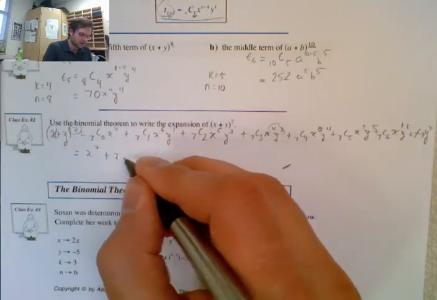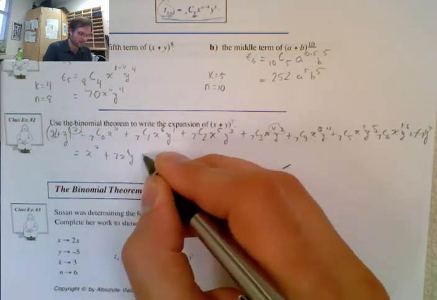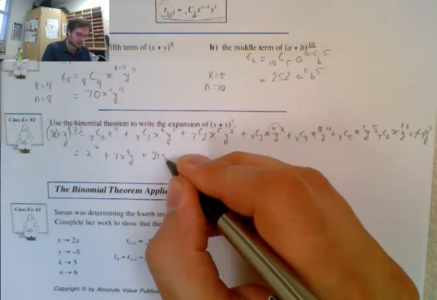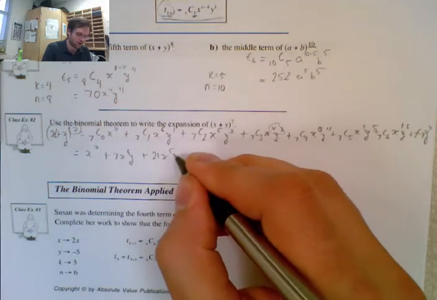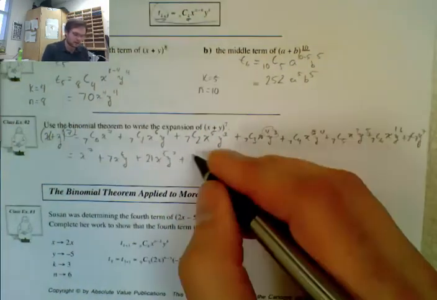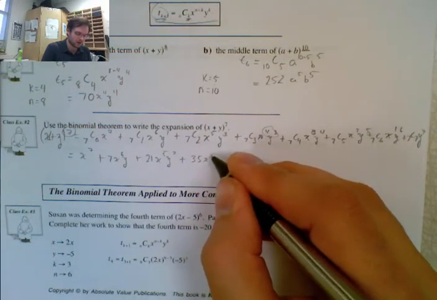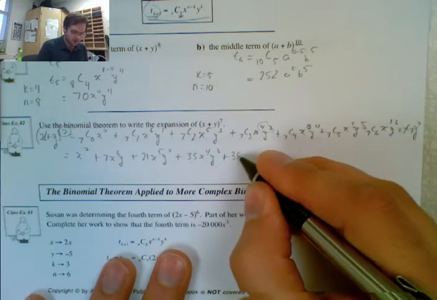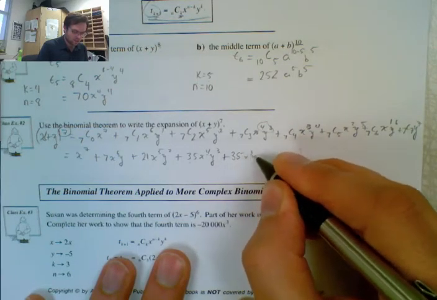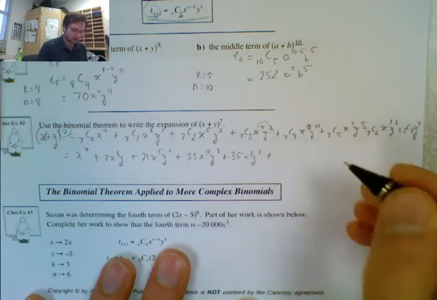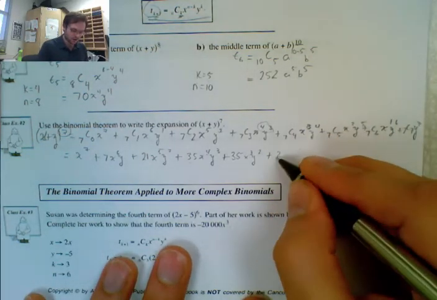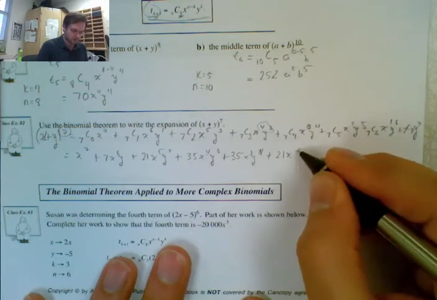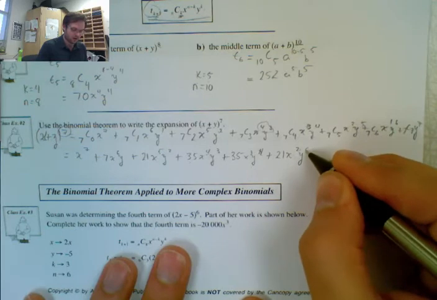plus 7x to the 6 y plus, next is going to be 21 x to the power of 5 y squared plus, next is going to be 35 x to the power of 4 y to the 3, plus 35 x to the 3 y to the 4, plus 21 x squared y to the power of 5.